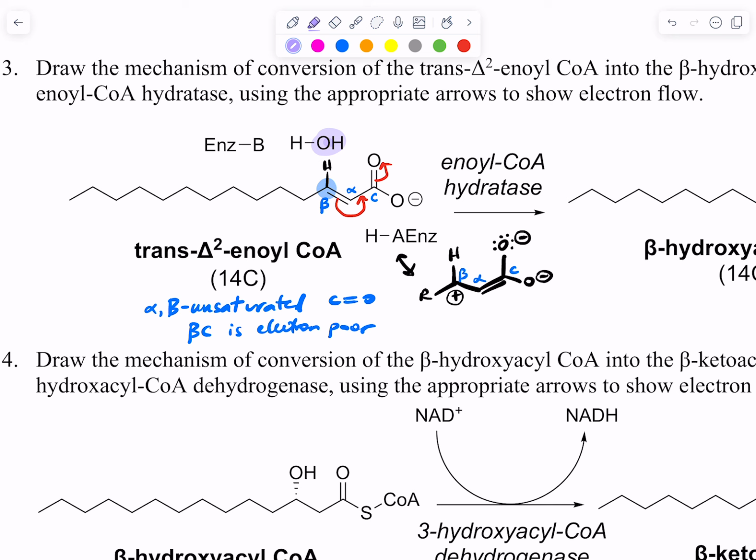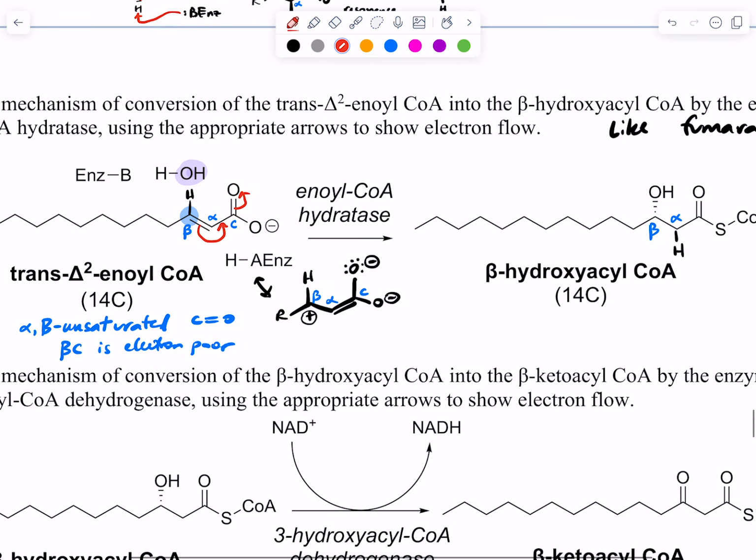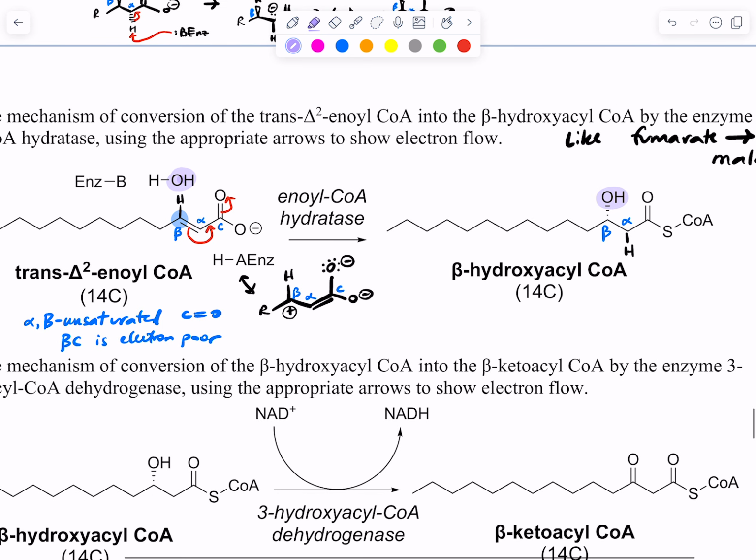All right. So let's talk through this together. What do you think my first arrow should be? Yeah, looking at the product, you see an OH group is going to end up on the beta carbon. It used to be water. Where did the proton go?